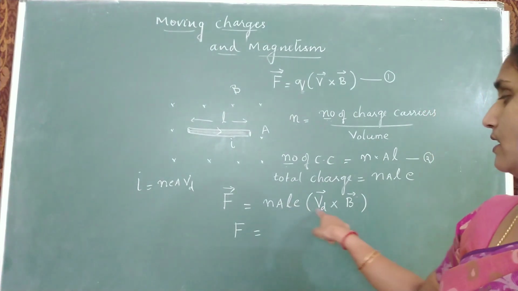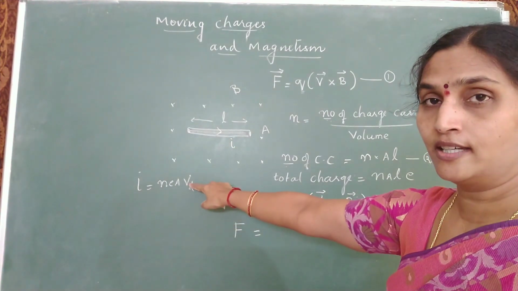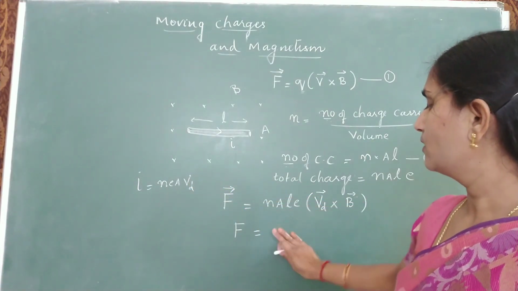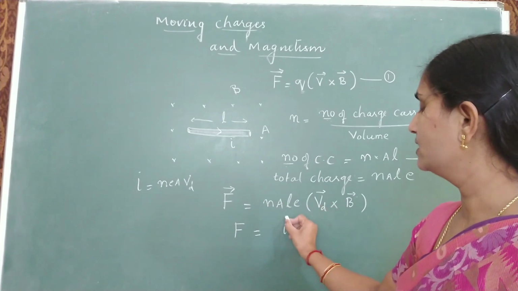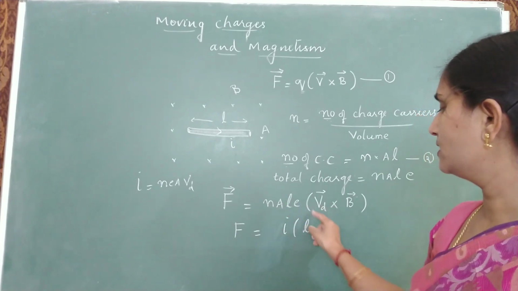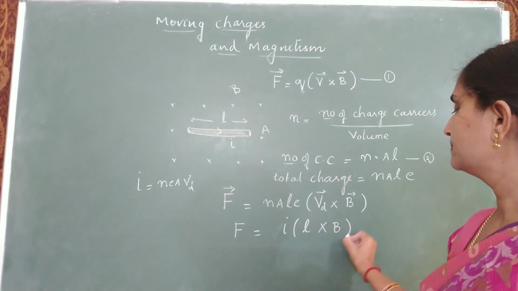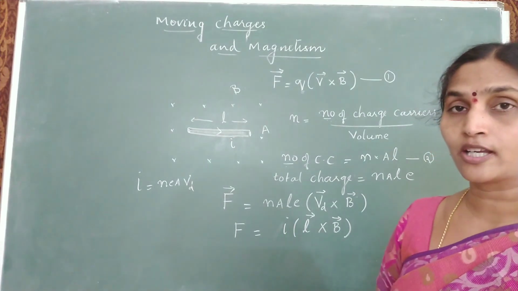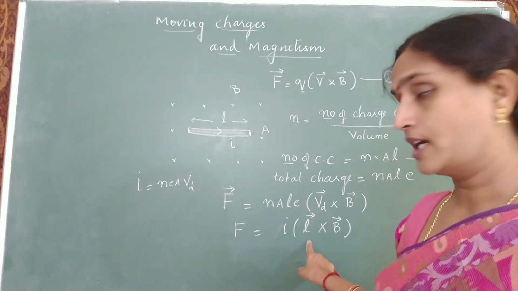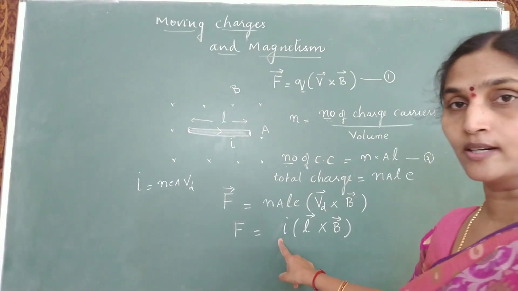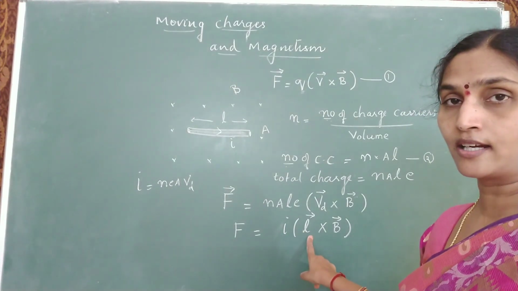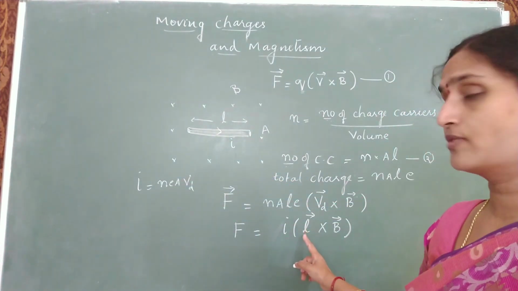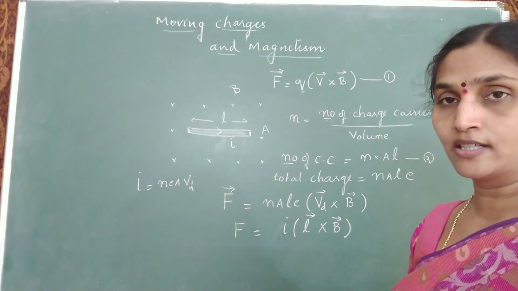So if I replace neA into vd with current I, I'm taking this length inside, I into L cross B. Because current is a scalar quantity, you can't write it as a vector product, so I am making this L into a vector. Since current is scalar, the direction of this length L will be the same as the direction of the current. That means we are borrowing the direction from current and making L into a vector quantity.